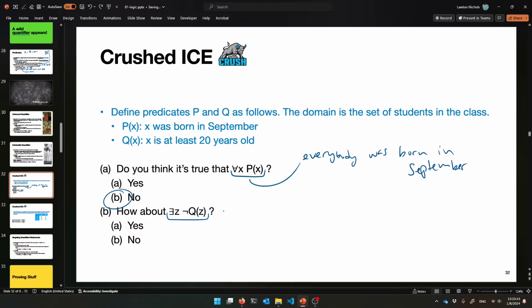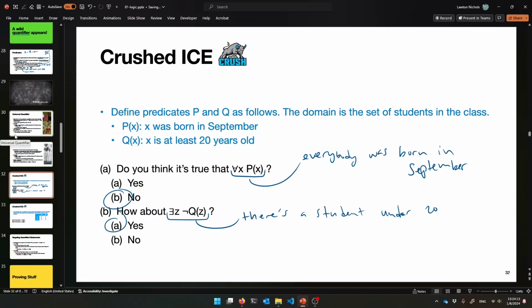So that's saying that for somebody, call them z, z is not at least 20 years old. So they're under 20. You see how I'm reading that? So it's claiming that there's a student under 20 in this class. And I'm pretty sure that's true. So it's not true for every student, but it's true for at least one, I believe. And so I would say that the answer is A for that.